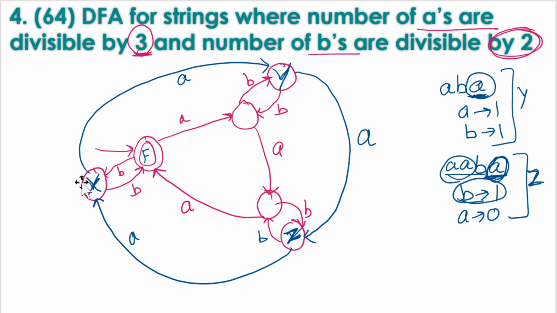X is the only state from where we are getting a single B and moving to the final state. So here we are getting a single B and moving to the final state. Although this is a trick, this trick solves your question very easily and very quickly.